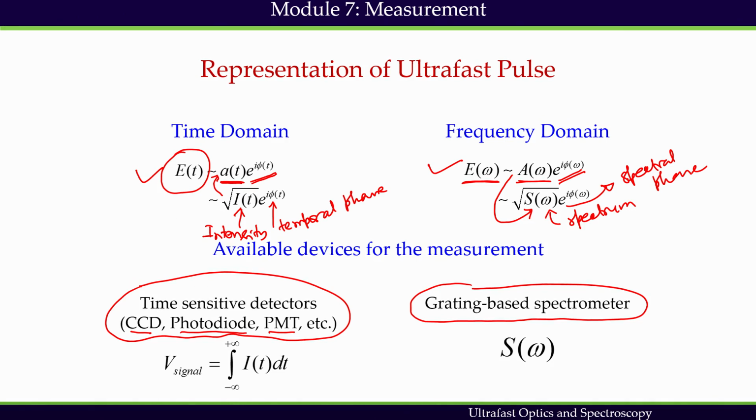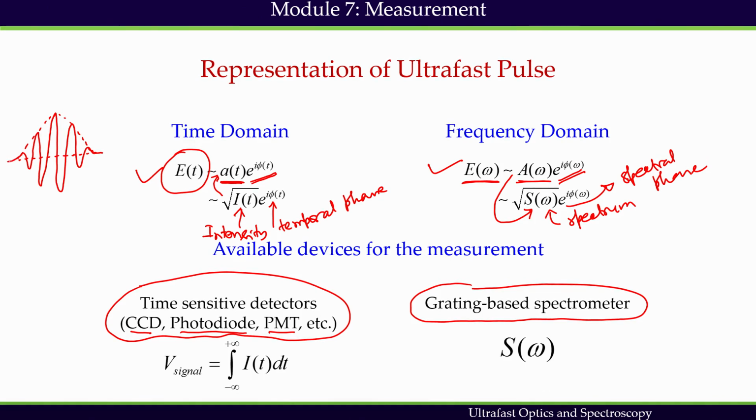Now, unfortunately, available time sensitive detectors are way too slow to measure ultrafast pulse intensity profile and field oscillation as well. So, if we look at a pulse, let us say 10 femtosecond pulse or 100 femtosecond pulse, I have an envelope function. I am drawing here a transform limited pulse.